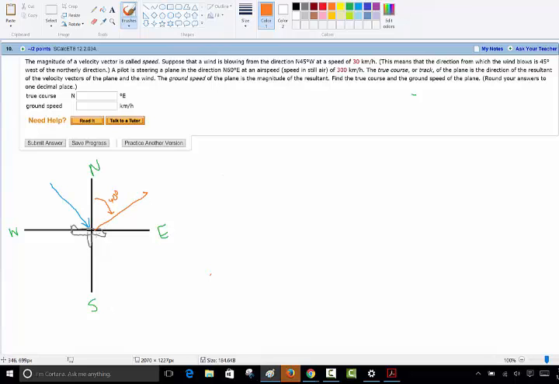My plane should be more oriented towards heading that way. And let's see, the wind speed is 30 kilometers per hour. And the reading on his speedometer is, he set it to be 300 kilometers per hour.